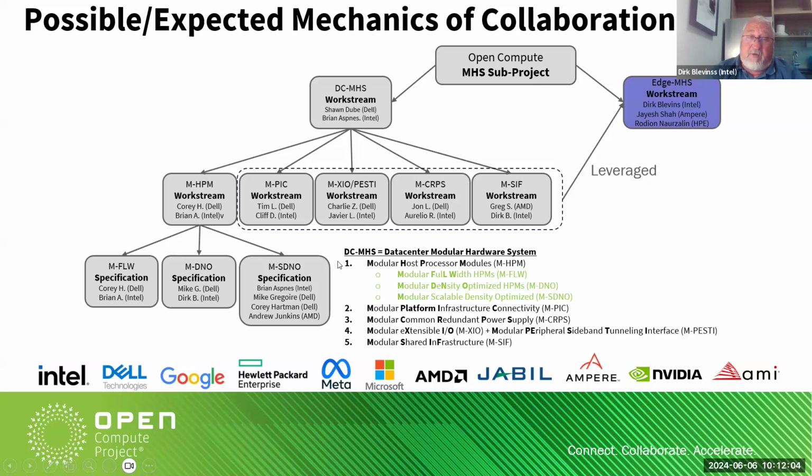Now, with this said, we do believe that there are still some gaps in these HPMs, and HPM stands for host processor modules. Because I'm old, I can tell by my hair, I like to think of it as a motherboard in the traditional sense. But there are going to be some gaps, and that's what's driving some of the Edge MHS work, because we do believe that we will need to get shorter.